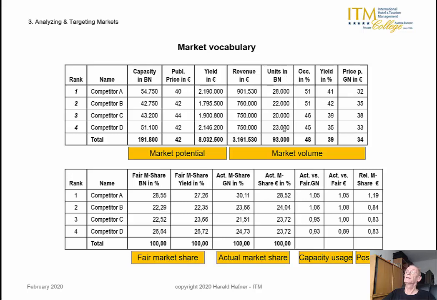Here are the figures for the four competitors, and the total market volume is 93,000 bed nights. We can quickly calculate the occupancy. The occupancy is calculated by dividing the bed nights by the capacity times 100, and this is how those percentages come about. The average occupancy, as far as the market volume is concerned, is 48%.